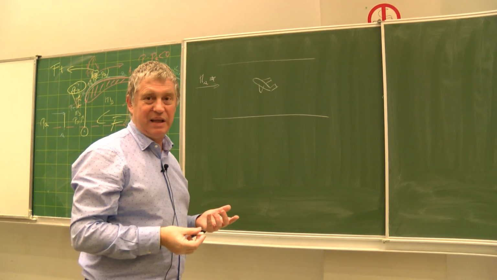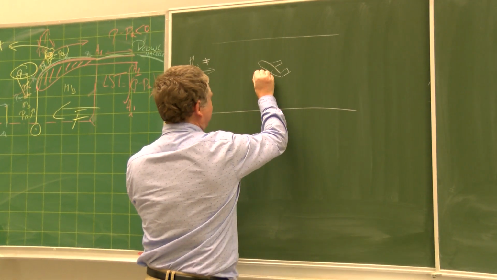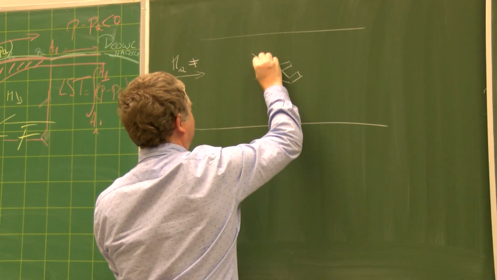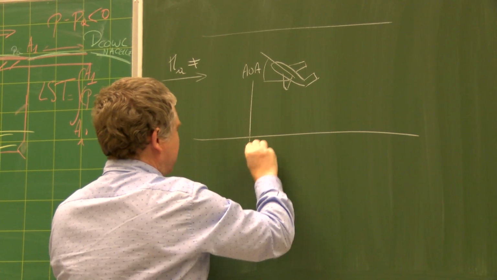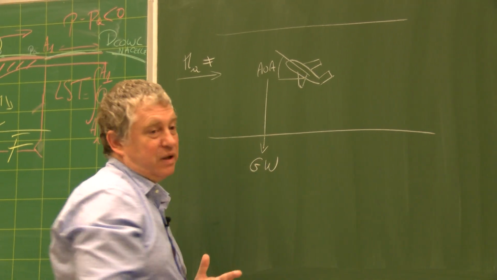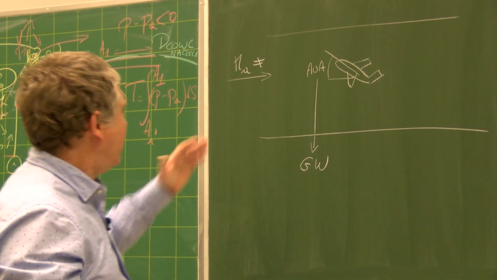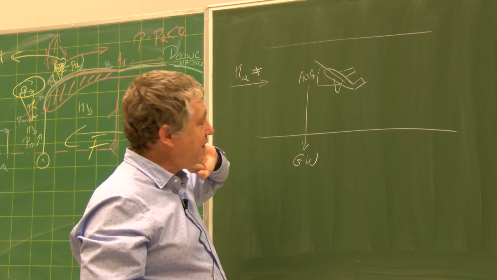So you will need to take different Mach numbers. You will need to change the angle of attack. The angle of attack, this is related for a given Mach number with the gross weight. So like this, you test at different Mach numbers and different gross weight.